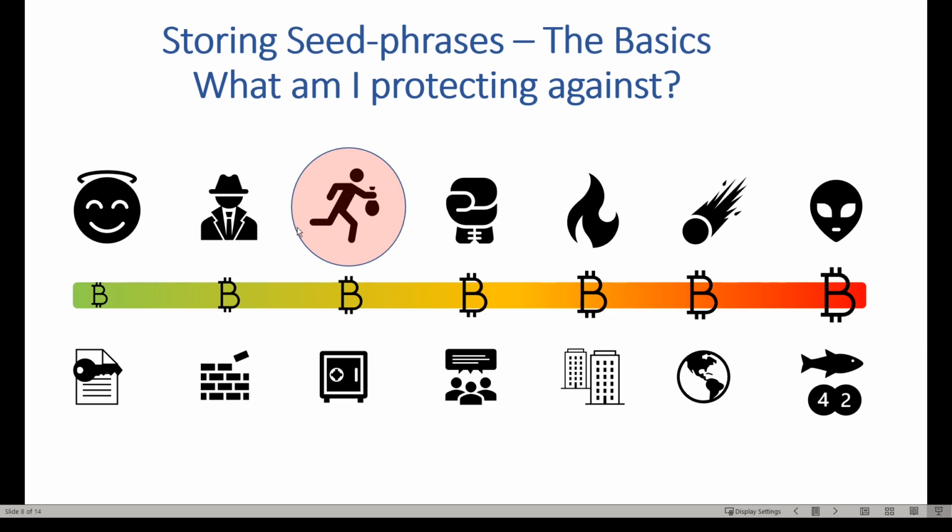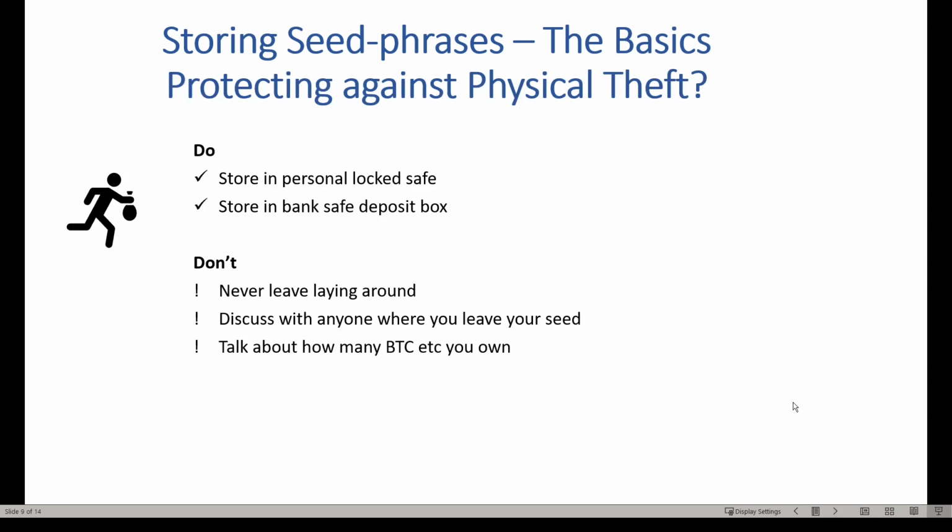Now let's have a look at something that's probably less common in this space, but could actually become more common as people get more savvy about what a hardware device is and seed phrases and things like that. And that is physical theft. So what can we do to protect against these sorts of things?